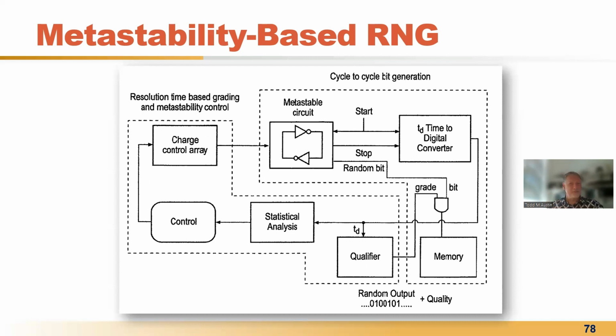So then what you do is you lay down millions of these really tiny circuits, and then you run them and try to put them into these metastable conditions. The longer it takes to resolve, the higher the quality of the true random bit is. So you basically have a binned RNG, where you're producing these really high quality random numbers at a lower rate because it's rare that you get those long ones.